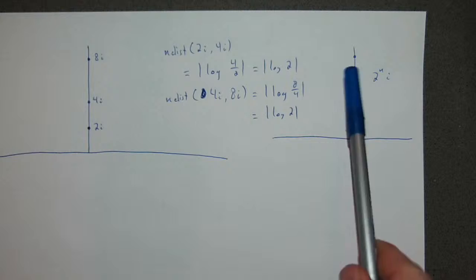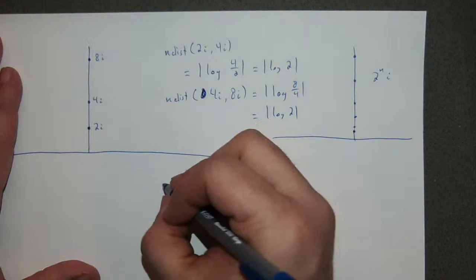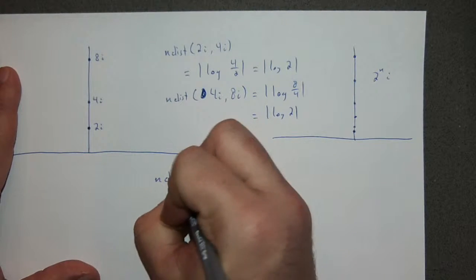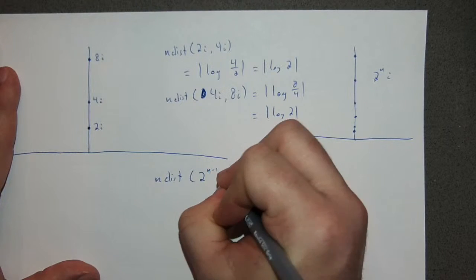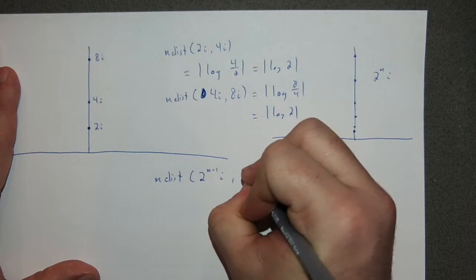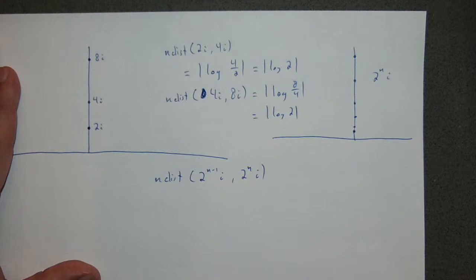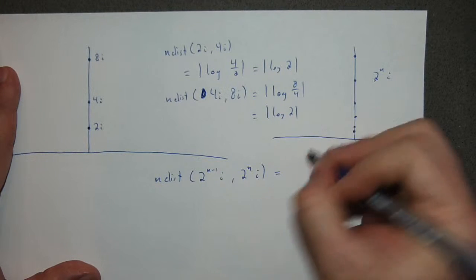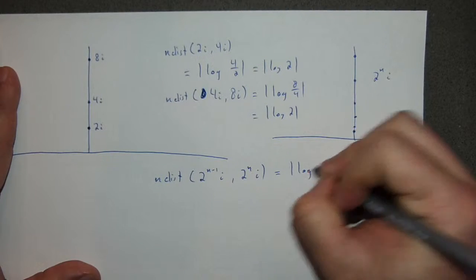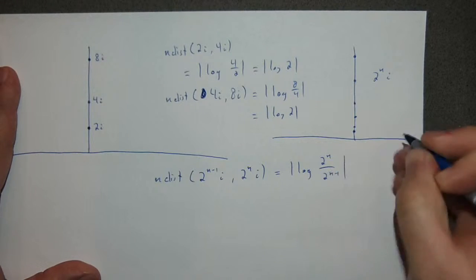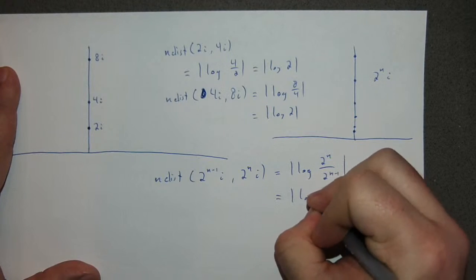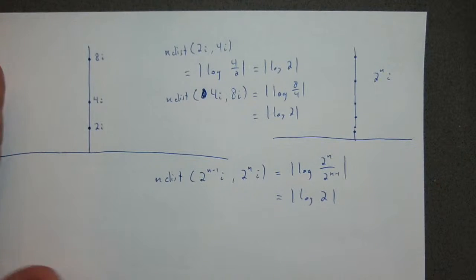In fact, if I do this for any n, what is the non-Euclidean distance between 2 to the n minus 1 i and 2 to the n i? This is the absolute value of log of 2 to the n over 2 to the n minus 1, which is the absolute value of log of 2.